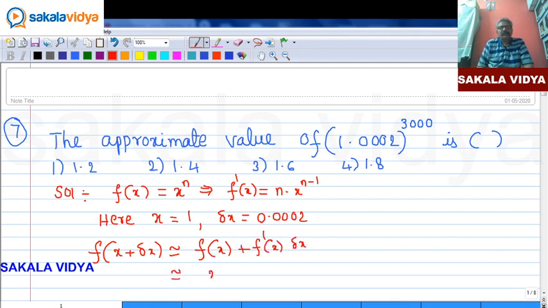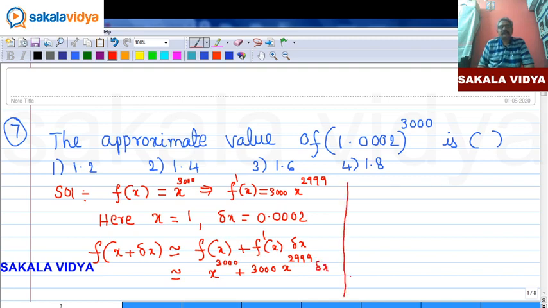So f of x is x to the power of 3000, f dash x is 3000 into x to the power of 2999, into delta x you need to write.